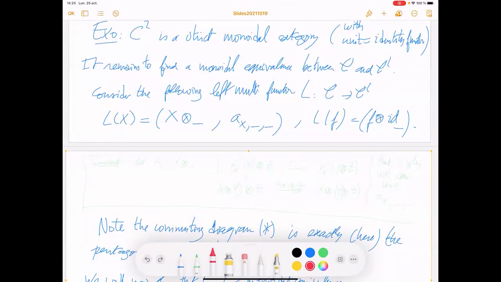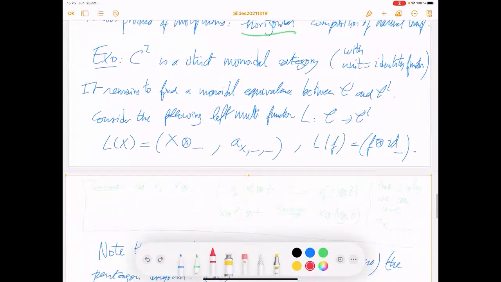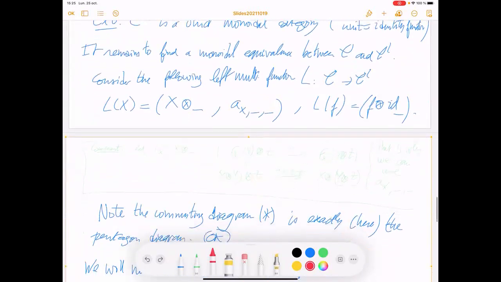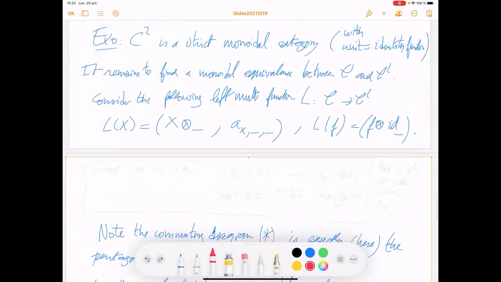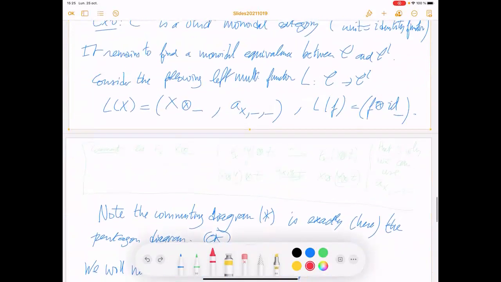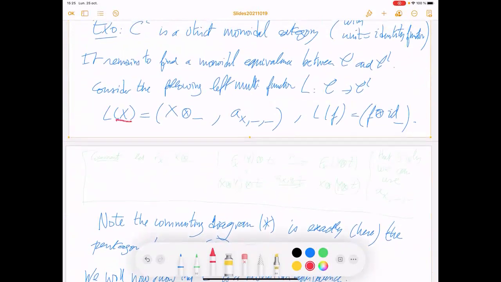Now we started to prove the monoidal equivalence between C and C prime. The monoidal equivalence will be given by this functor L. To each object X, it associates this couple: the functor of tensoring on the left by X, and here the associativity constraint.